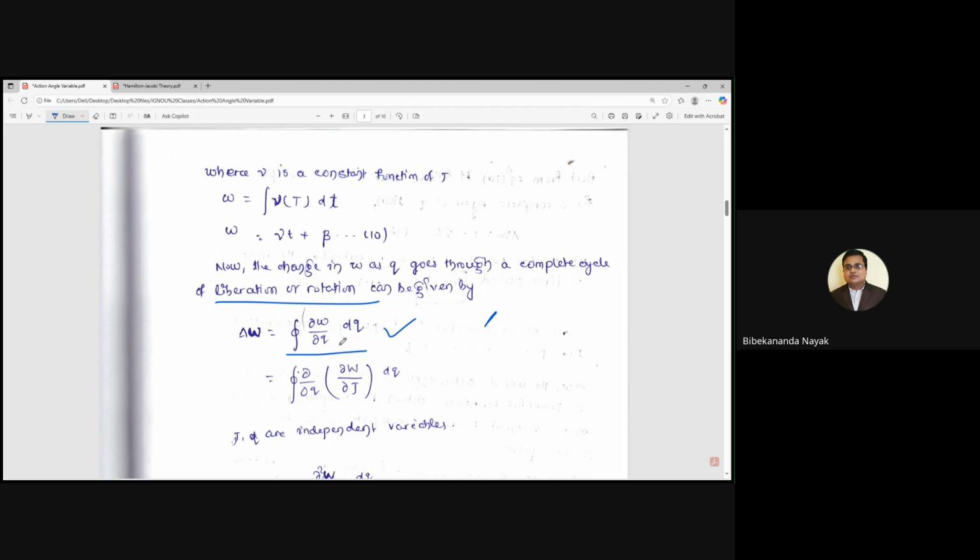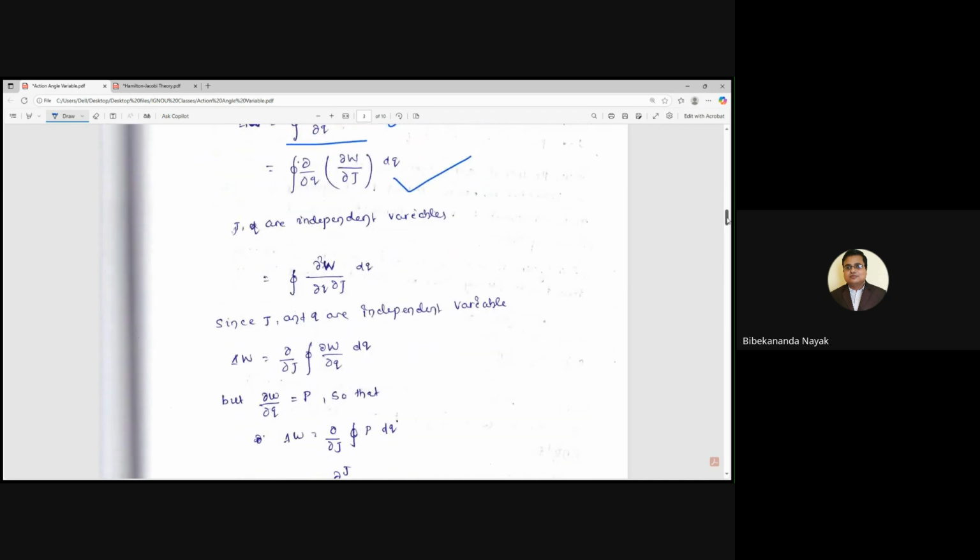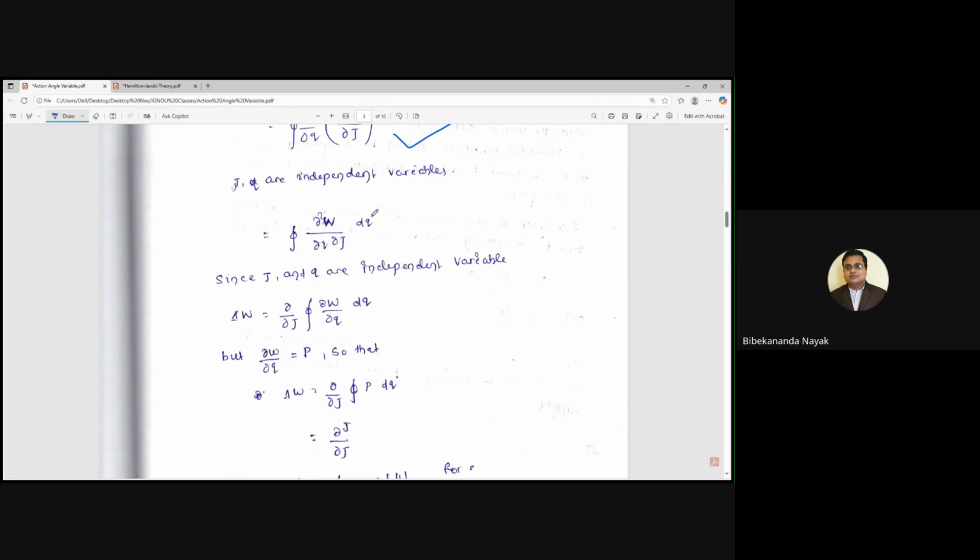But here w is equal to del W by del J. So this is our equation: del square W by del Q del J. Since J and Q are independent variables, they do not depend on each other, so you can interchange the order. The integration is over Q, so I can take del by del J outside it. Substituting del W by del Q equal to P, we have del by del J of the integral of P dQ.